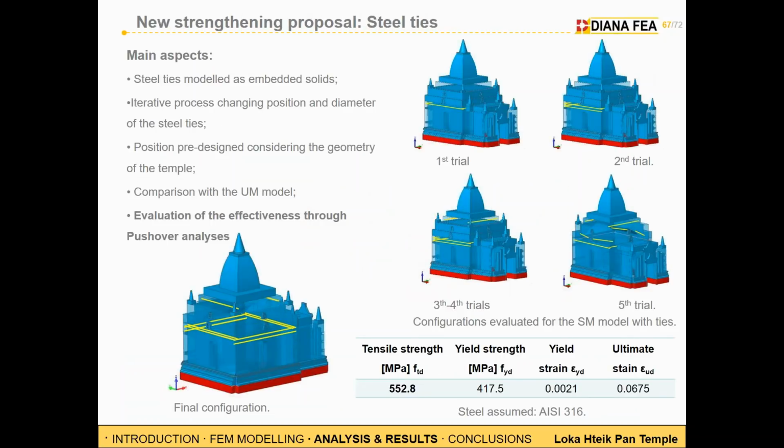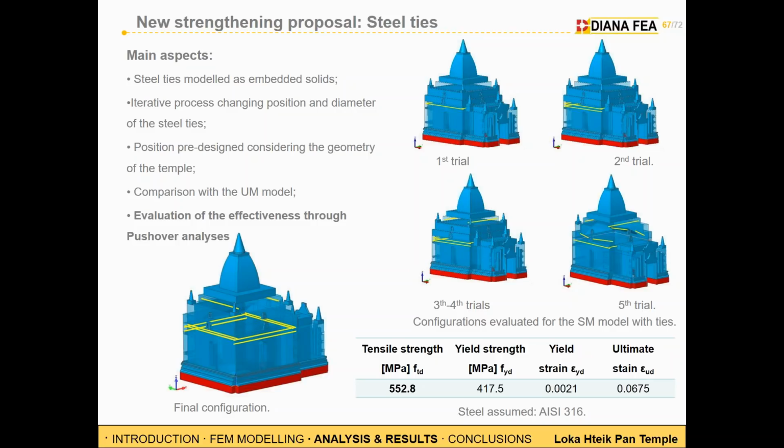At the end, to be more complete, to suggest to local institutions a new strengthening proposal, maybe substituting the reinforced concrete beam, we suggested using steel ties modeled in FX+ for Diana as embedded solid, as I showed you before.